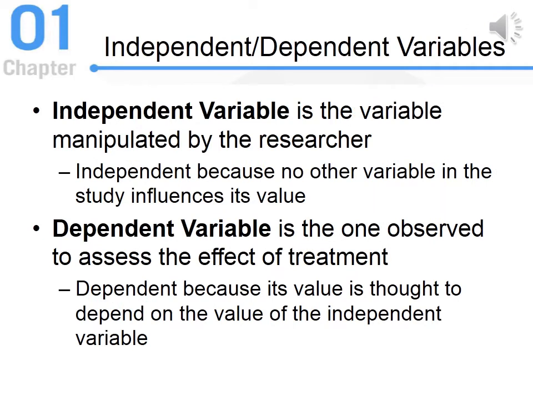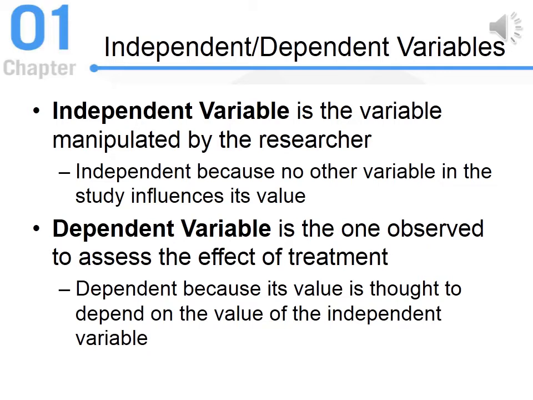This is some incredibly important terminology about experimentation. Independent variable is often abbreviated IV, and dependent variable is often abbreviated DV. So the independent variable is the variable that the experimenter manipulates. It is, in effect, the cause side of the equation.